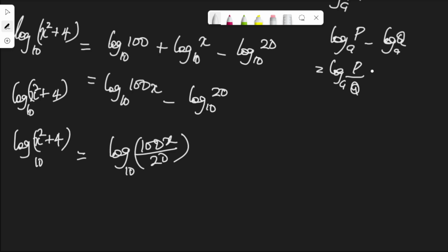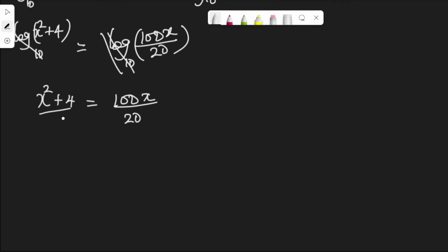We have log to base 10 on both sides, so we can cancel them out. That means x squared plus 4 is equal to 100x over 20. Cross multiply, this is over 1.